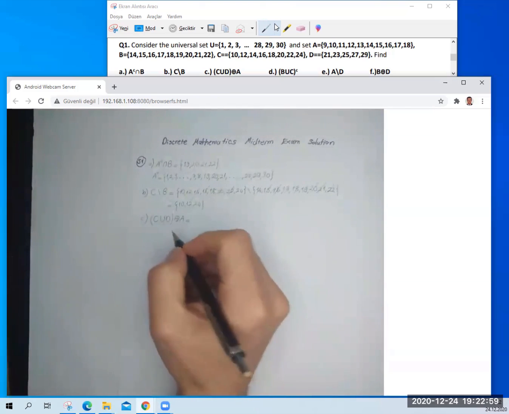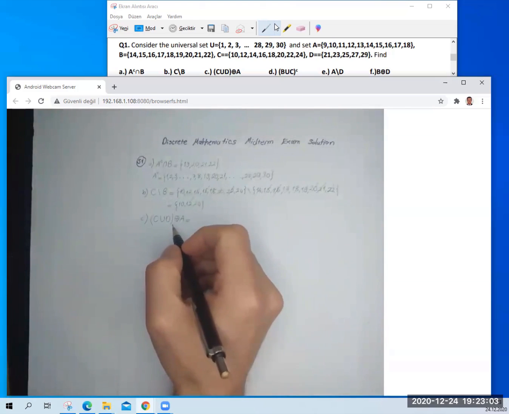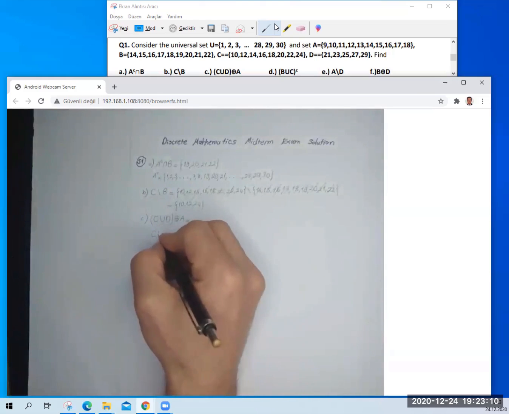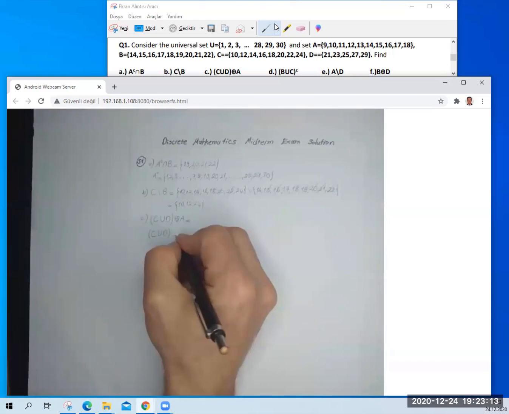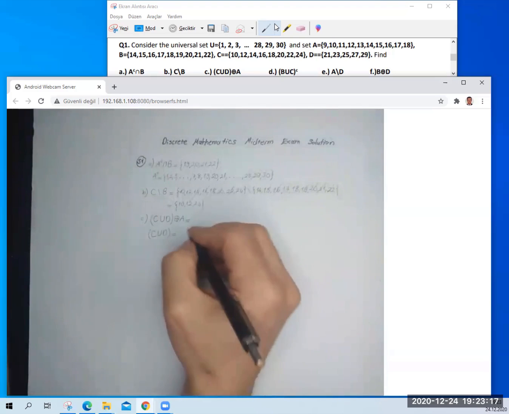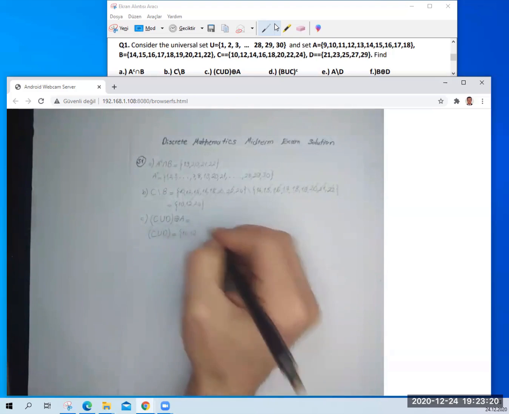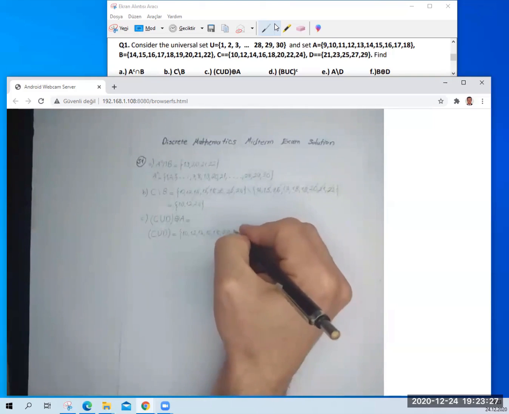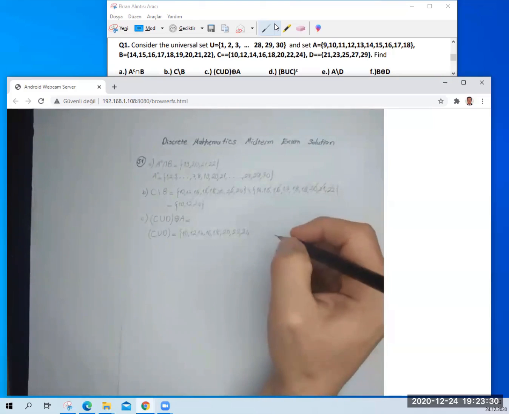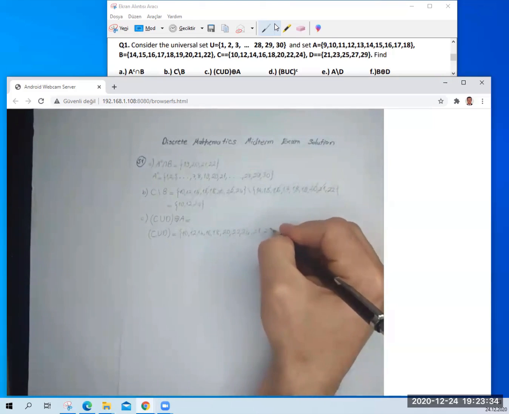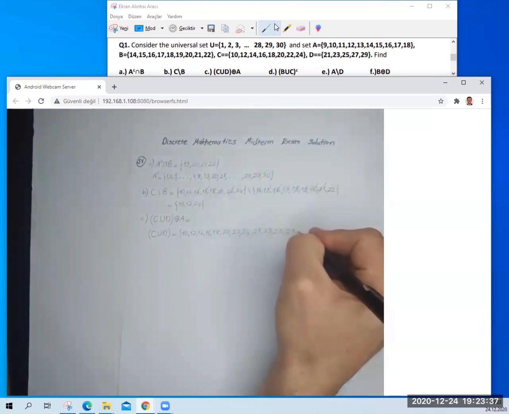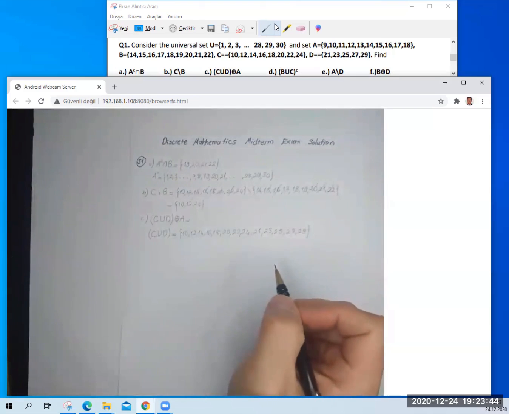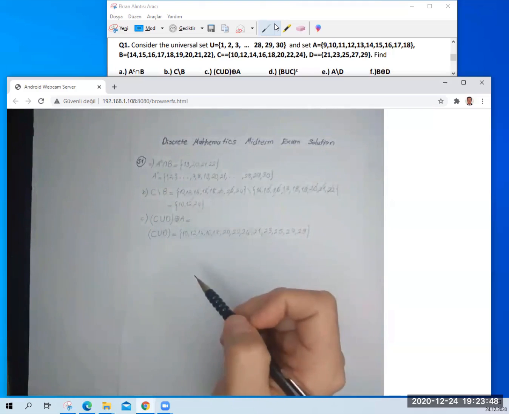To make it easy for that question, I have to write it as the union of C and D. So what I have in C is 10, 12, 14, 16, 18, 20, 22, 24, and in D there is 21, 23, 25, 7, and 29. So this is my C and D union set.